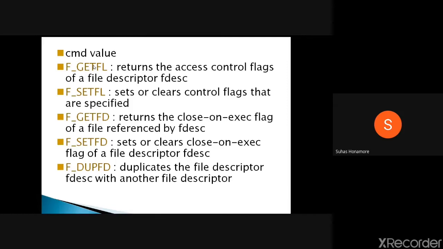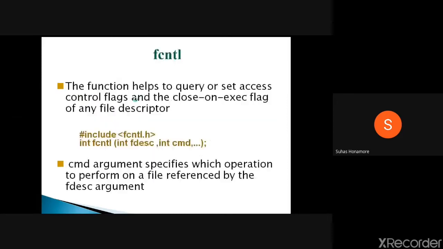The next one is if you want to set or clear the control flags, you can do it. Along with this, whatever you want to set, that extra part you have to give in the third argument. After the command, if you want to set anything, you have to give it here.